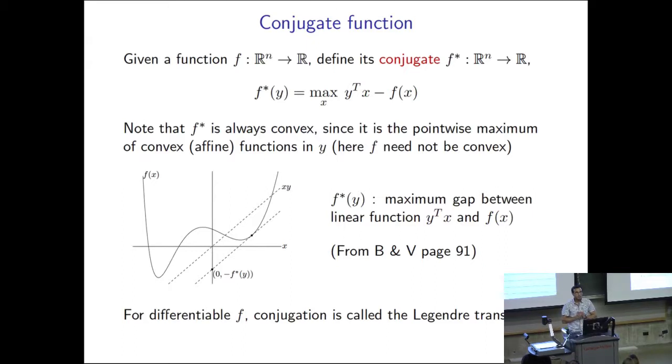So let's talk about conjugate functions. This is a very simple concept that, like duality, is very simple. But once you know it, you can see that it is very useful and leads to a bunch of interesting and powerful things. We can define for any function f something that we call its conjugate.